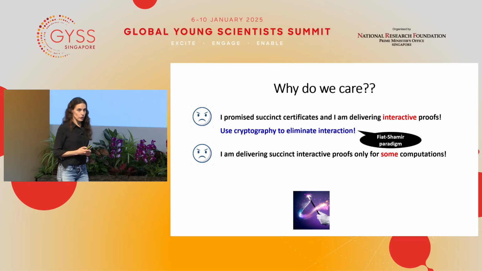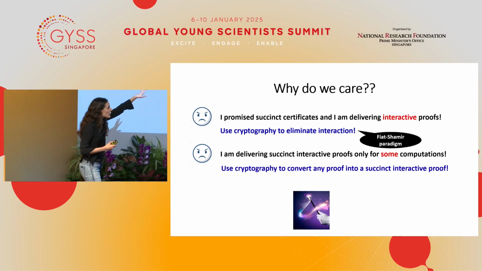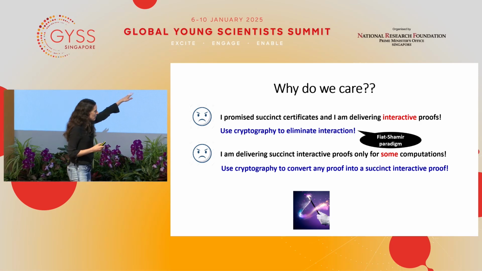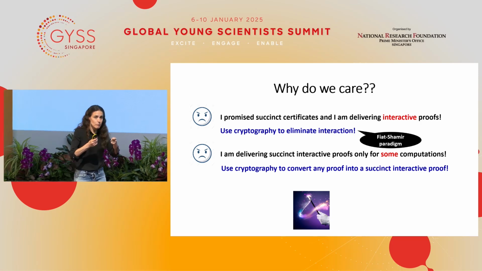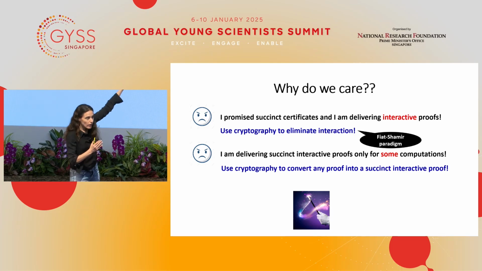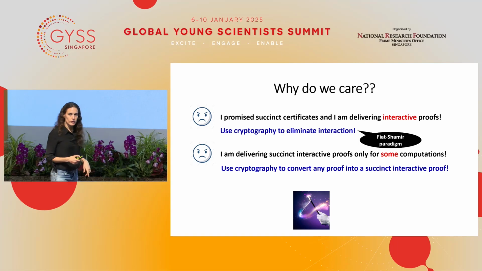That's one place where I'm going to use cryptography. Another place is I can actually not just do it for many computations, I can use cryptography to convert any proof into a succinct interactive proof, and then go to the one above and eliminate interaction.